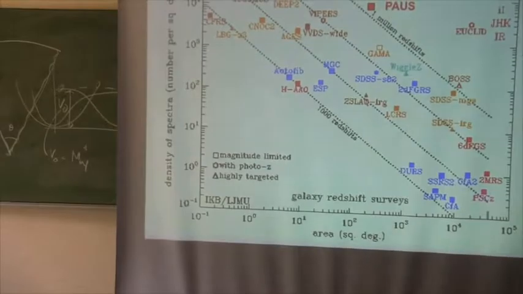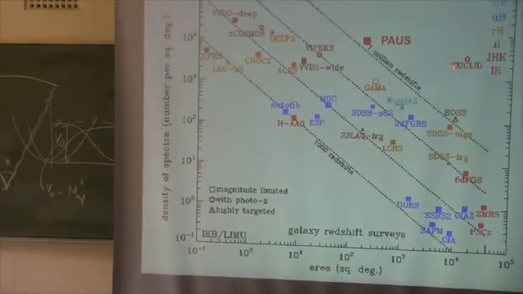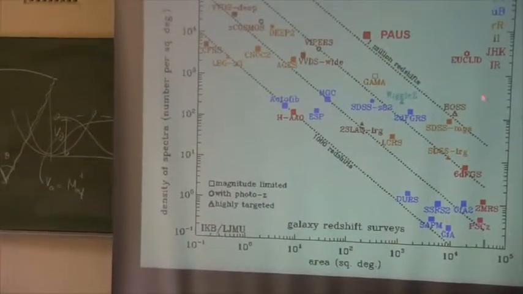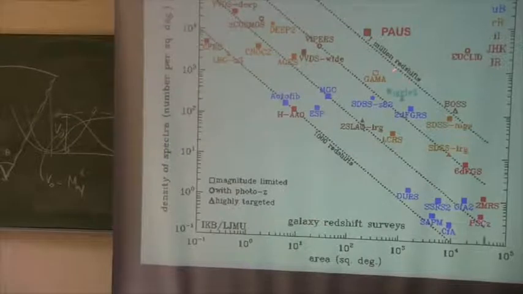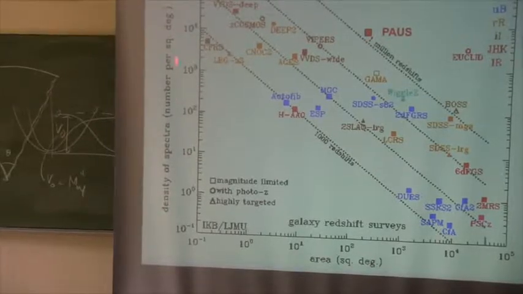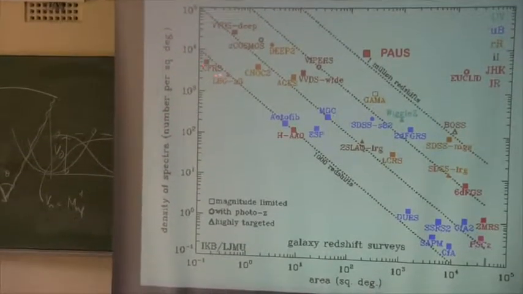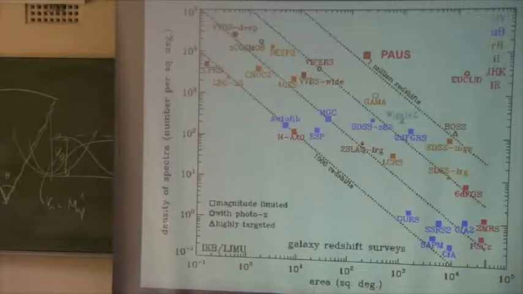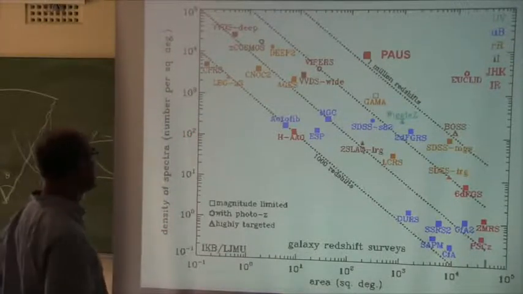It's a beautiful image. So PAUS, compared to other surveys which are in the game, occupies a very interesting position. It has a relatively small area compared to Euclid or DES, but it has a very large number of galaxies per square degree, density of spectra, and has a very high resolution in redshift.